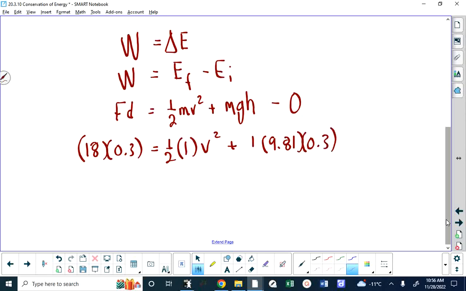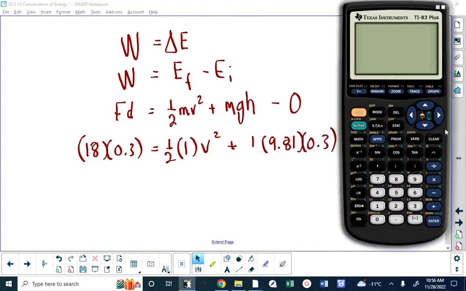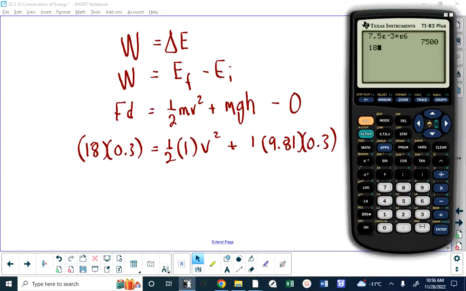So I have to take this number, 18 times 0.3, and subtract the 9.81 times 0.3. Then I have to, I guess you could divide by 1/2, but I like to just say multiply by 2 and then take the square root. Let's see where that takes us. So there's my left-hand side.